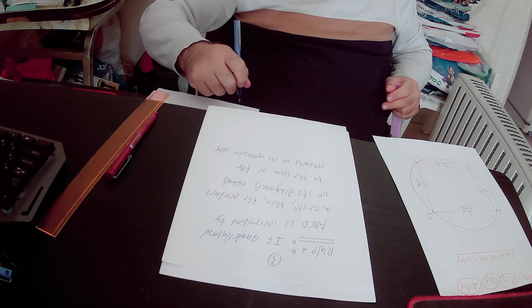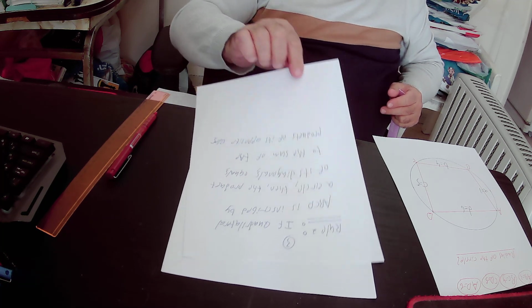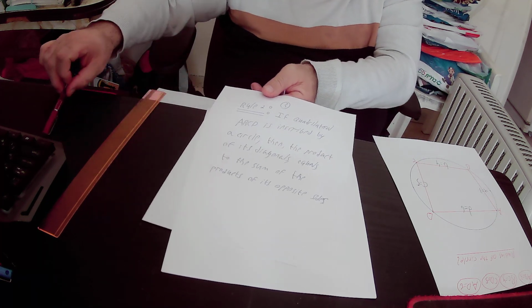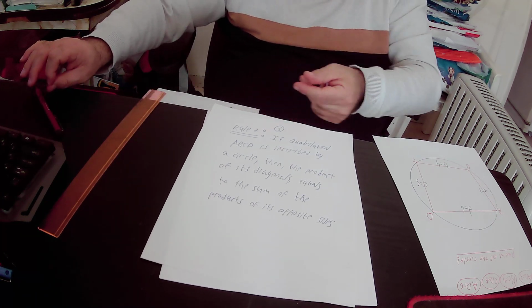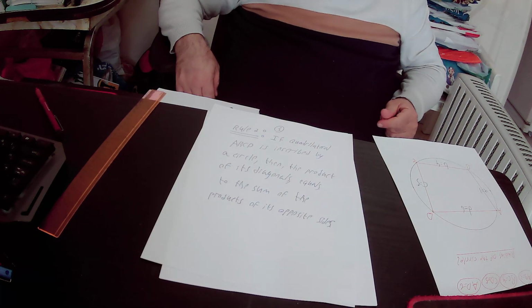So I'll repeat rule number 2 again. According to rule number 2, if quadrilateral ABCD is inscribed by a circle, then the product of its diagonals equals the sum of the products of its opposite sides.